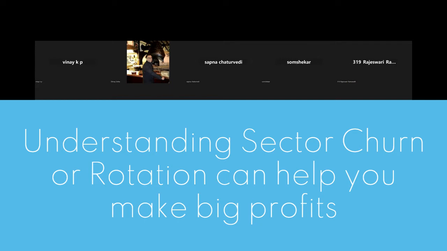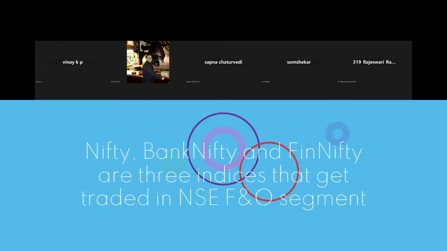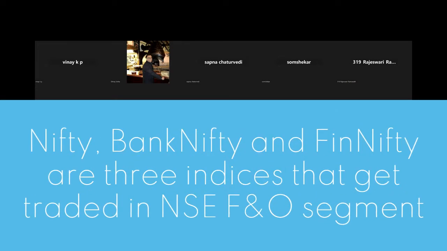In India, there are 3 indices that get traded actively, and that trading happens only in futures and options. You cannot buy Nifty straight away in the cash market. The way you can buy Reliance, you cannot buy Nifty, but in the futures market, you can buy Nifty futures. So the 3 indices which get traded in India are Nifty, Bank Nifty, and Fin Nifty.